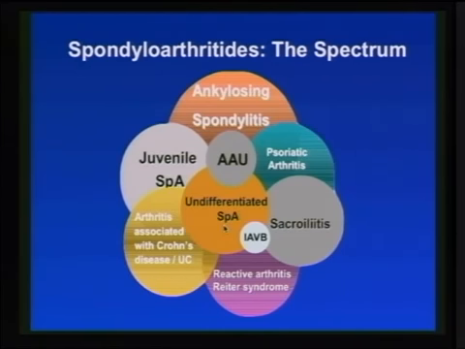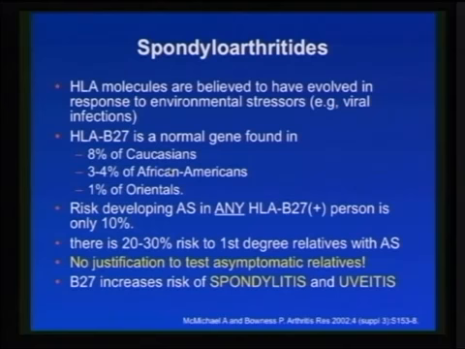Human leukocyte antigen positivity in these diseases is very common, and some textbooks mention that about 100% of those patients, especially with ankylosing spondylitis, would be positive. Some other papers say the positivity ranges from 75% to 95%.